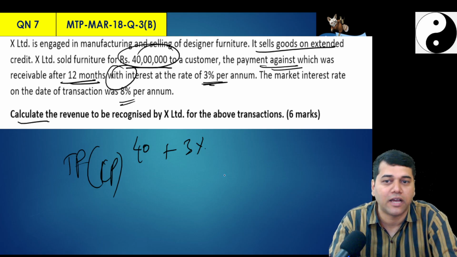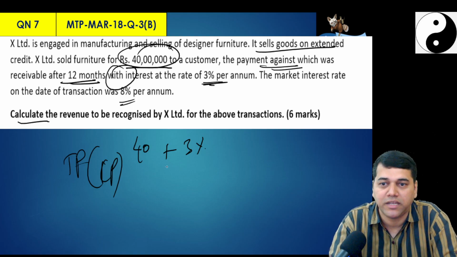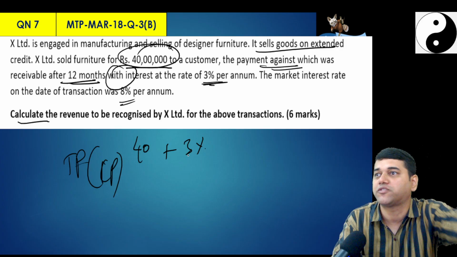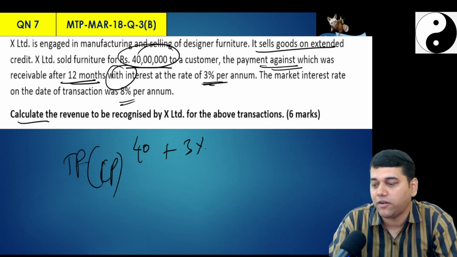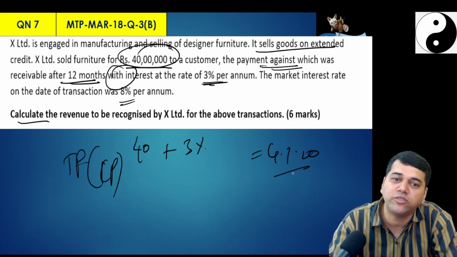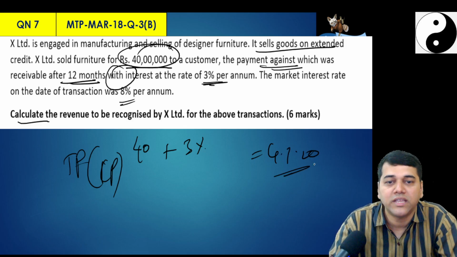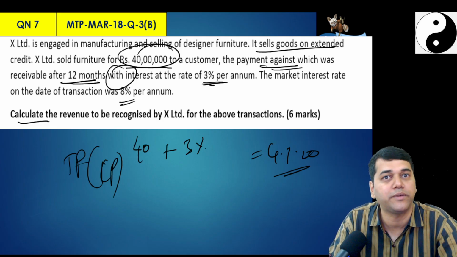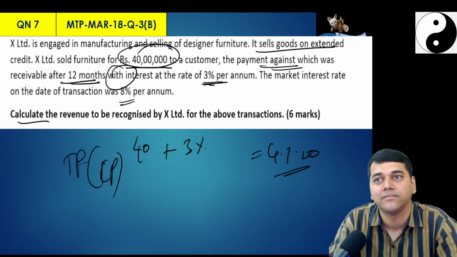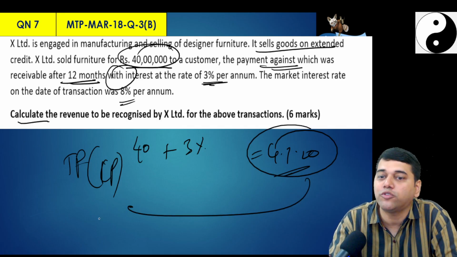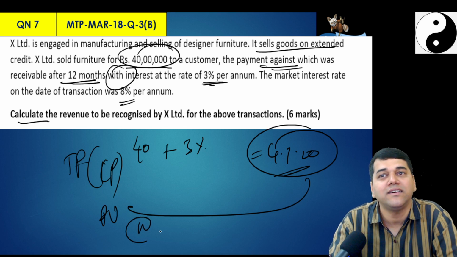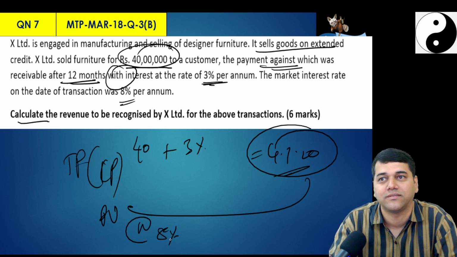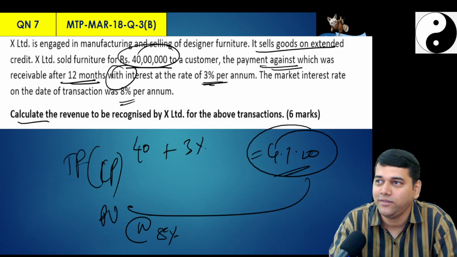See, my point is, are you not paying a transaction price which is equal to 40 plus 3% interest for 1 year? 41 lakhs 20,000, 41.2 is my transaction price. More than that 1 rupee customer will not pay me. Less than this 1 rupee I will not accept it. Now this I need to discount to the present value at 8%. Followed? Okay, so do the determination of the fair value.